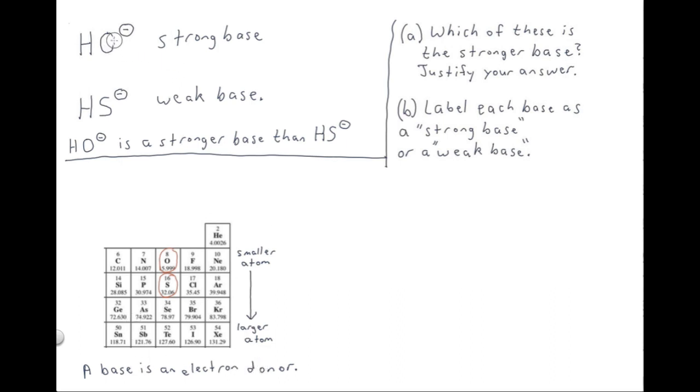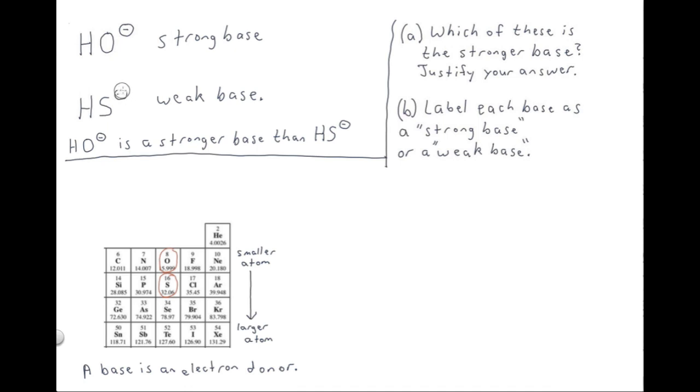Now, the thing that makes these ions want to donate electrons is their negative formal charge. But whichever has the more stable negative formal charge will be less eager to donate its electrons, and whichever has the less stable negative charge will be more eager to donate its electrons.